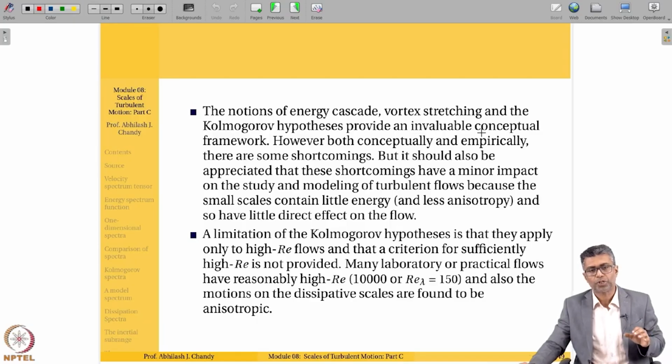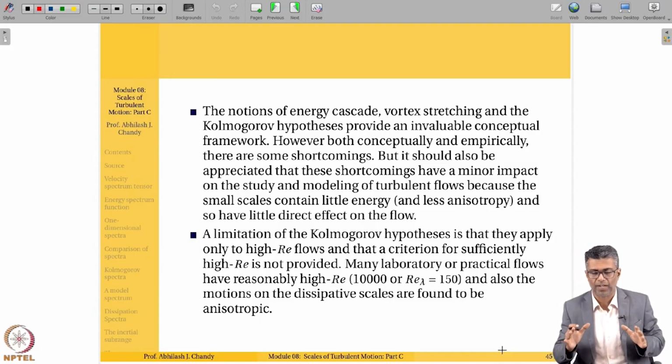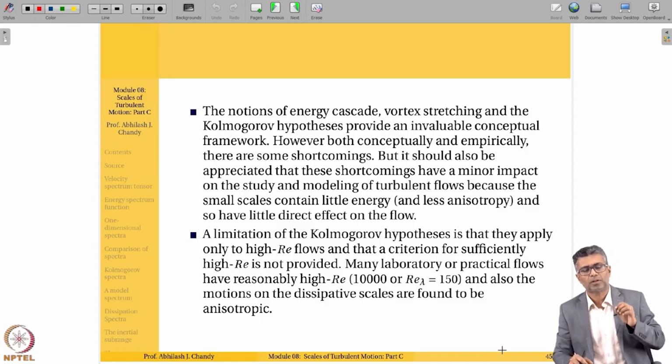So the notions of the energy cascade, vortex stretching, and the Kolmogorov hypothesis obviously provide an invaluable amount of data and concept, right? But both conceptually and empirically, there are shortcomings to them.